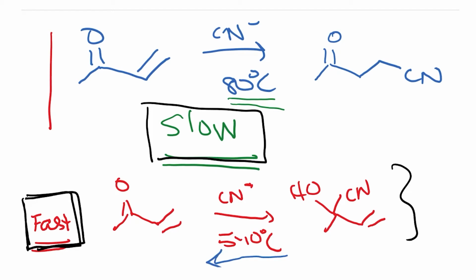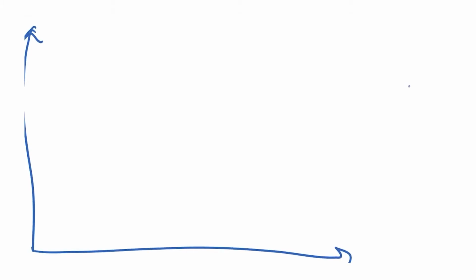Okay, now I will just go through quickly the energy profile so that you will understand this process better. So the y-axis is energy and the x-axis is reaction coordinate. So what we can look at is, let's start with this compound over here. This is the starting material.